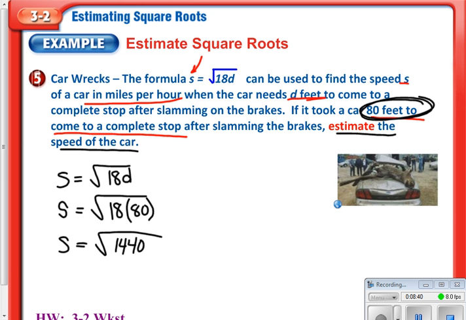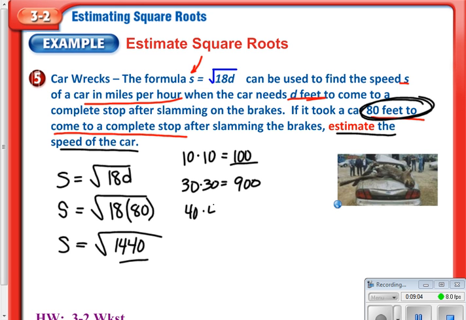Now, what we need to do is go ahead and estimate. This doesn't say use your calculator and find the exact. So again, we need to find perfect squares. If you throw a couple out there, 10 times 10 is only going to give us 100. So we need something even greater than 10 times 10 because we need to get up to 1,440. So maybe we try 30 times 30. Well, that gives us 900, getting closer.